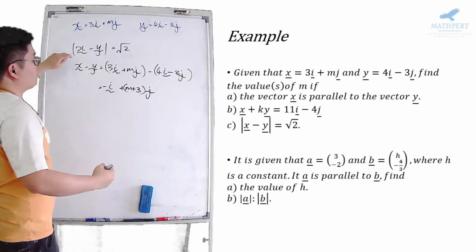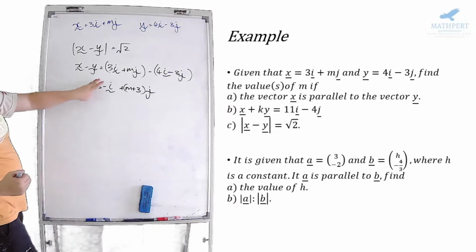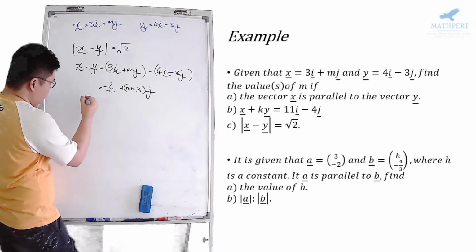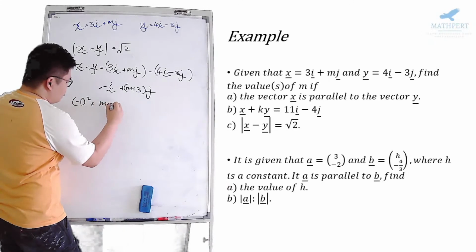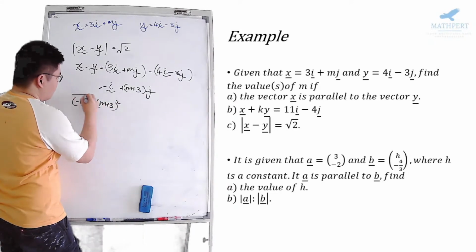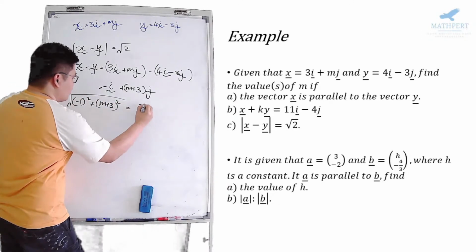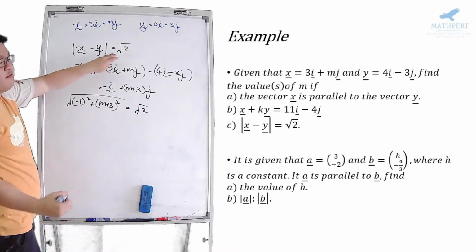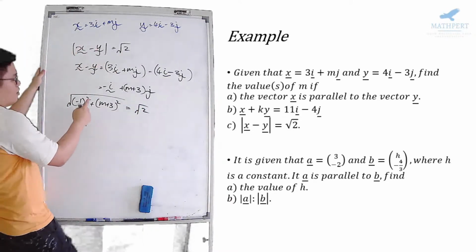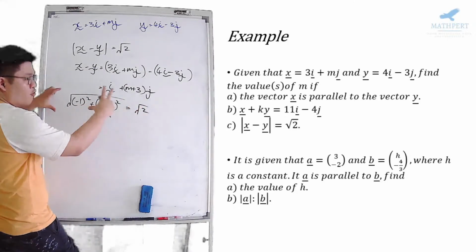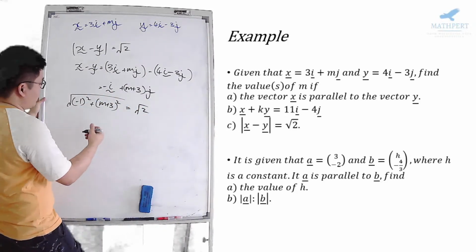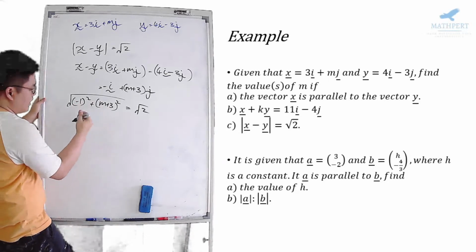Okay, so the magnitude of x minus y will be minus 1 square plus m plus 3 square. The whole thing square root is equal to square root 2, given by the question. So in order for me to remove this square root, on both sides I square it, then I expand inside.